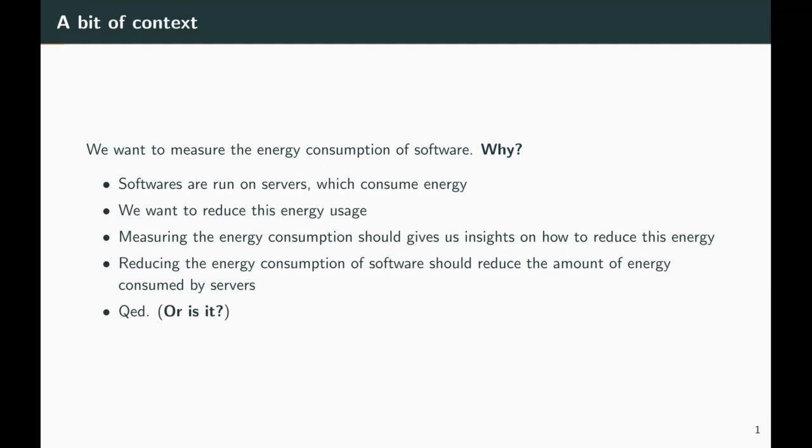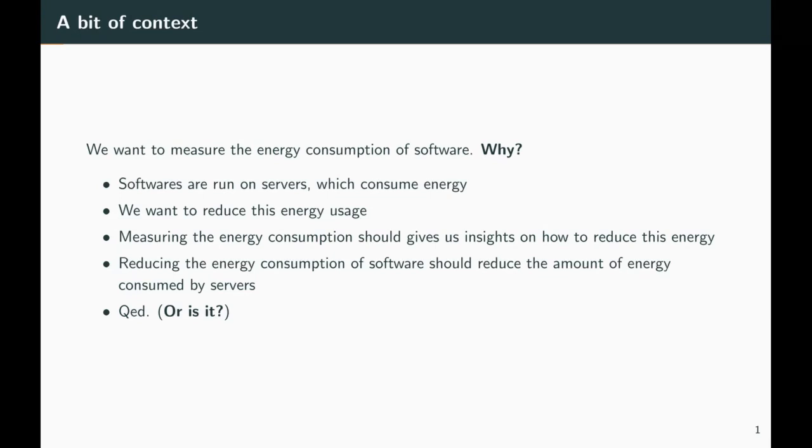So a hypothesis is that measuring the energy consumption of software should give us insights on how to reduce this energy consumption. And so reducing the energy consumption of software should help us to reduce the amount of energy consumed by servers. It's important to keep this in mind, because we'll go back to this issue at the end of the presentation. That's the main reason why people want to measure the energy consumption of their software.